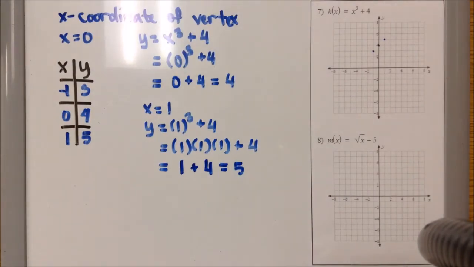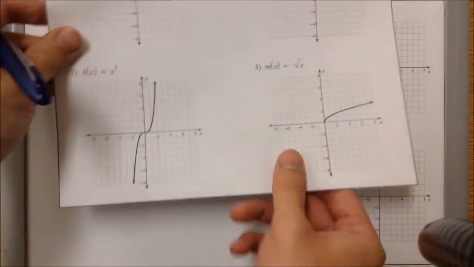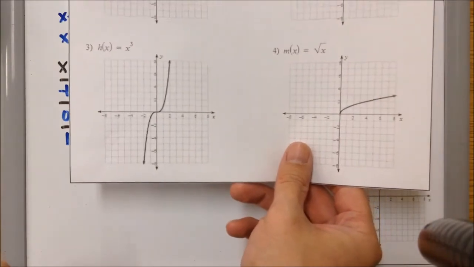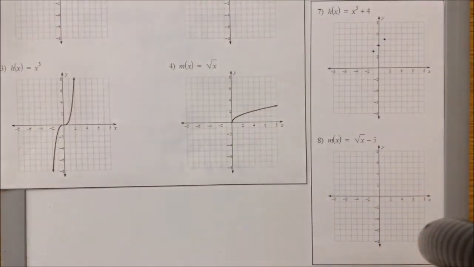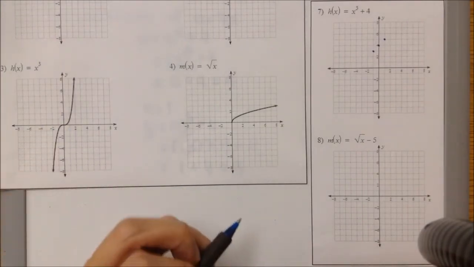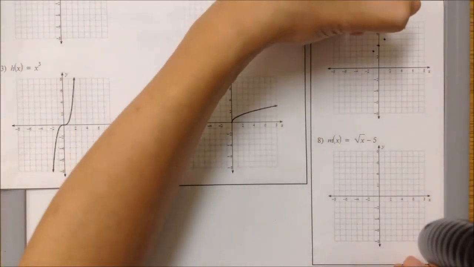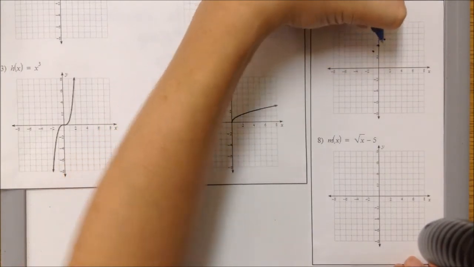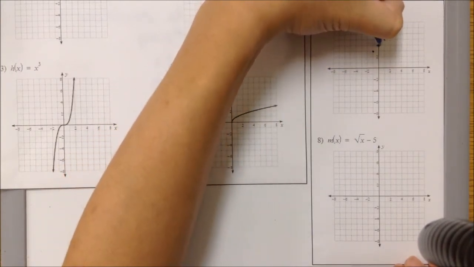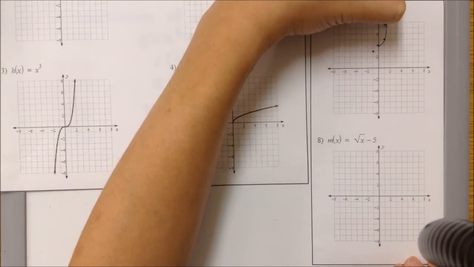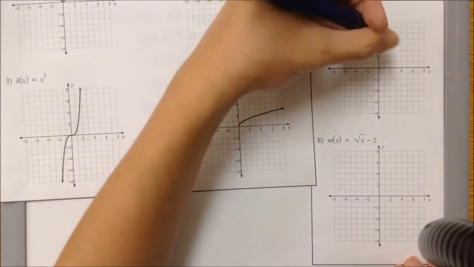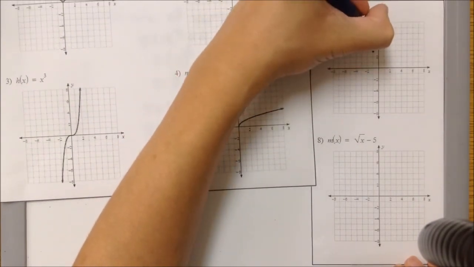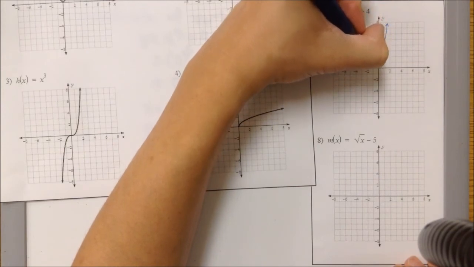And again, it does not have to be a perfect graph like this, just close to it. So I'm going to graph it looking very similar. It doesn't have to be precise, just close to precise. So I'm going to graph it like this, curving. And then I'm going to graph the other end, curving, going through the point.